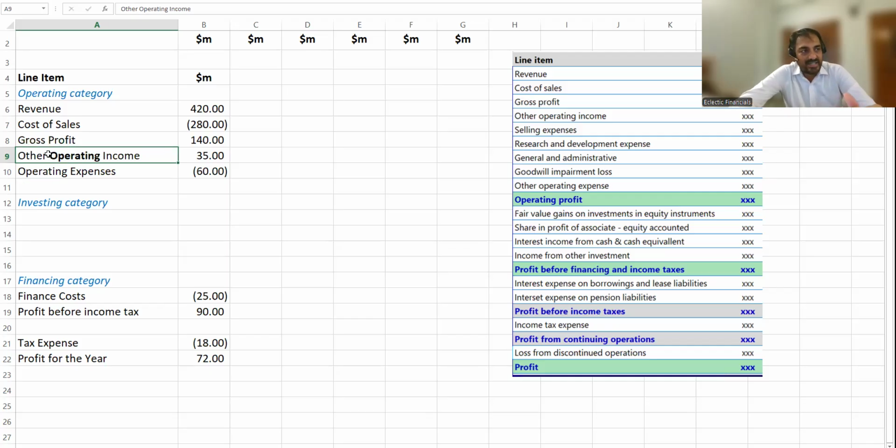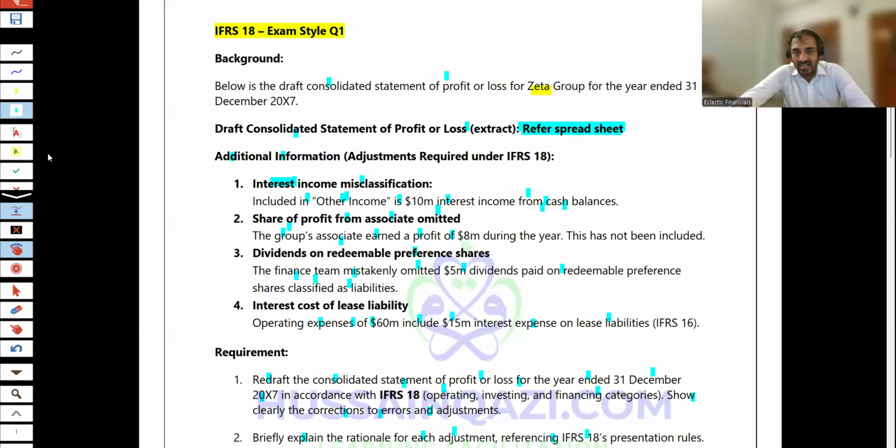Although the term other with the category operating income is not liked or not recommended by IFRS 18, it is acceptable. But only other income is not acceptable. So other income includes 10 million of interest income from cash balance.